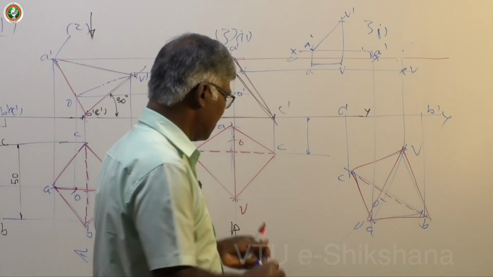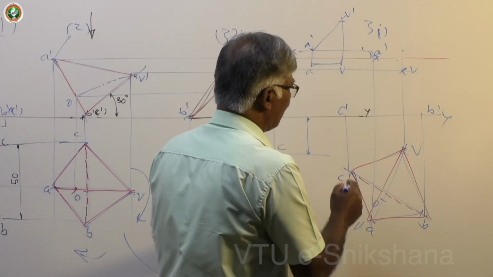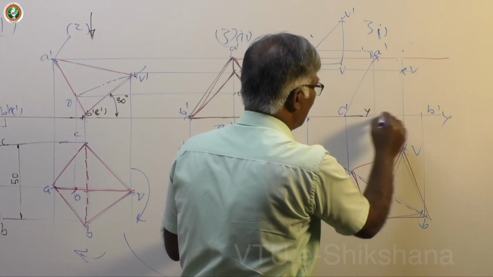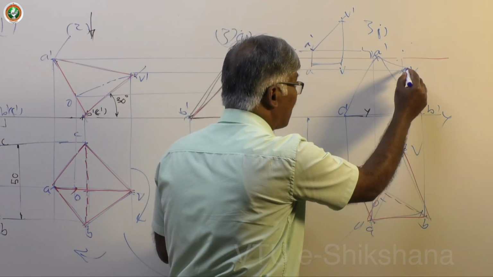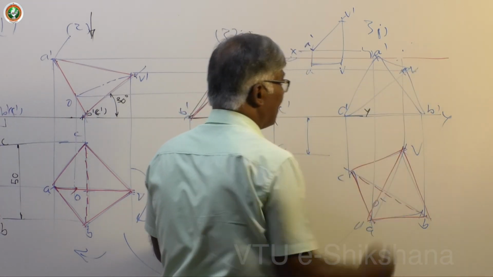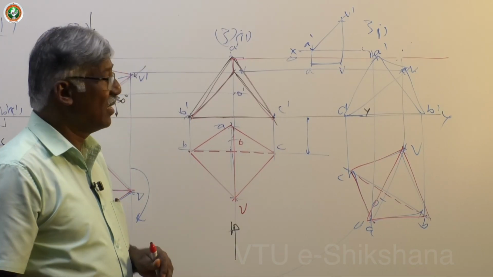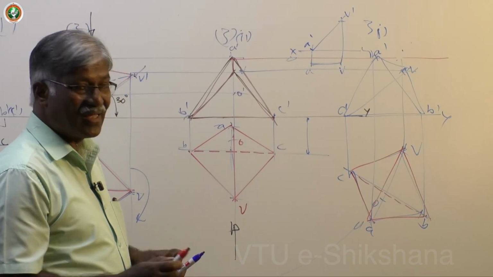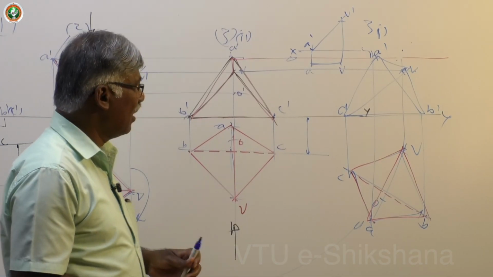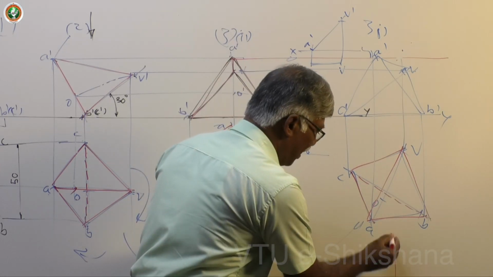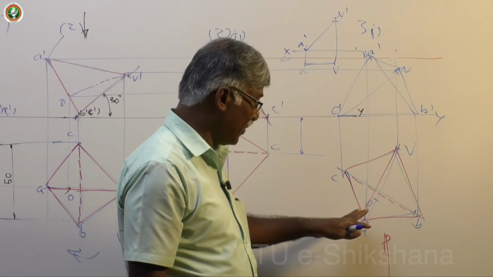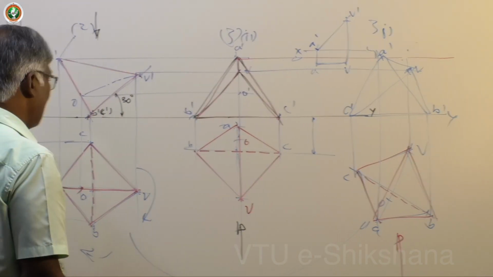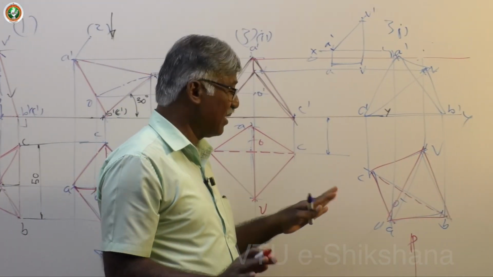What more? A, B, C, V, that's all. Only 4 corners. Now join ABC first. A, B, C. Now join all corners of ABC with V. Now see what exactly is the visible surface. See, here I am definitely near to ABC, that is the base surface. If I consider ABC as the base right now, that is also a face in fact.